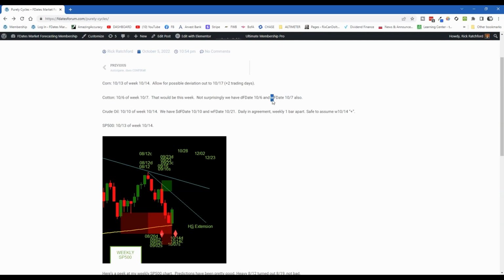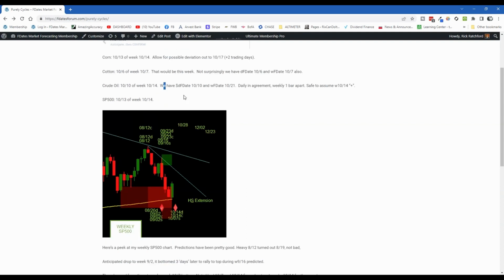See, the W means weekly and the D here means daily. So this would be the weekly time frame where every price bar is 1 week. That's daily price bars here, where each bar is per day. Don't have any intraday, sorry, but I have daily 10/6 and weekly 10/7, so that works out perfect for 10/6, which falls in week 10/7. All right, that's this week. Okay, that's this Friday, 10/7, right?